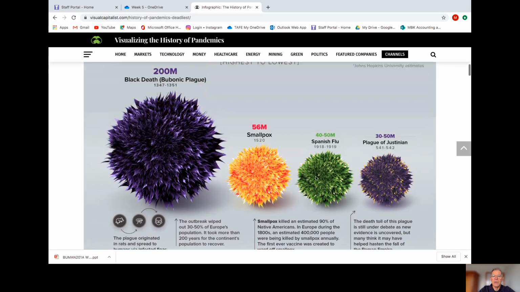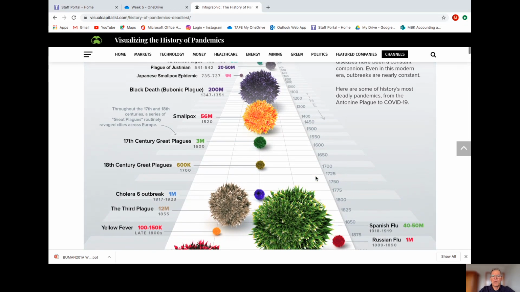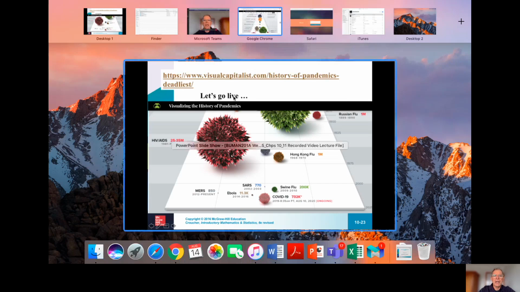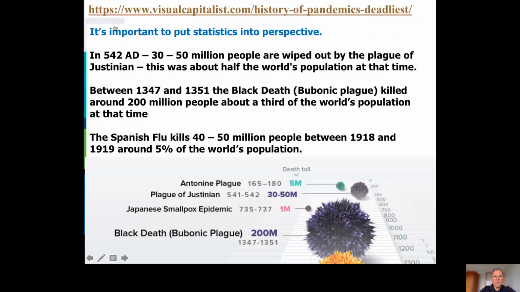You can see the value of information like this. Your mind can absorb it so much more than if we just had data on a page. It brings it to life. So that's what we hope to do today, is do a little bit of bringing statistics to life for you.